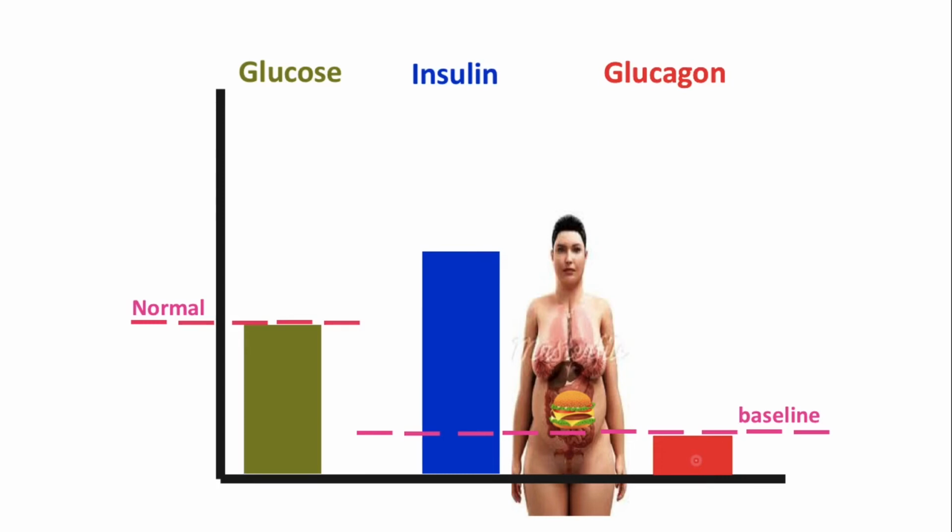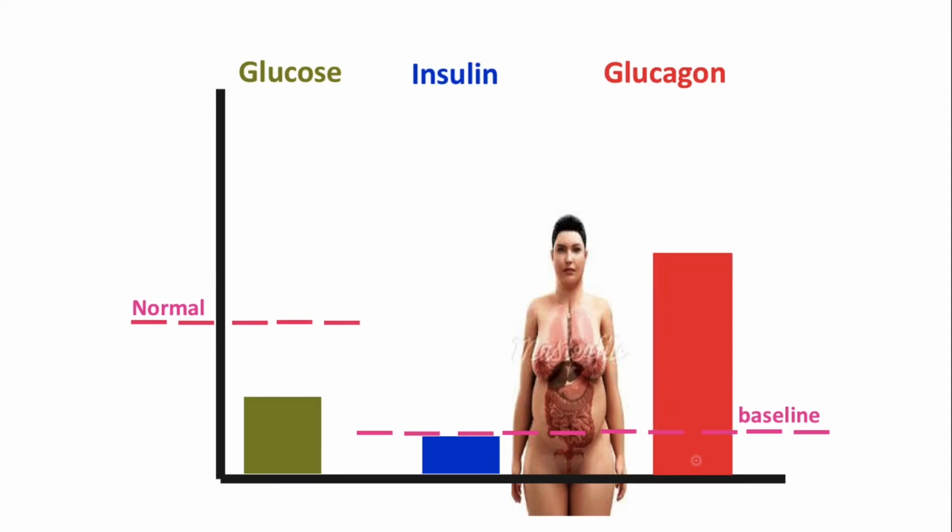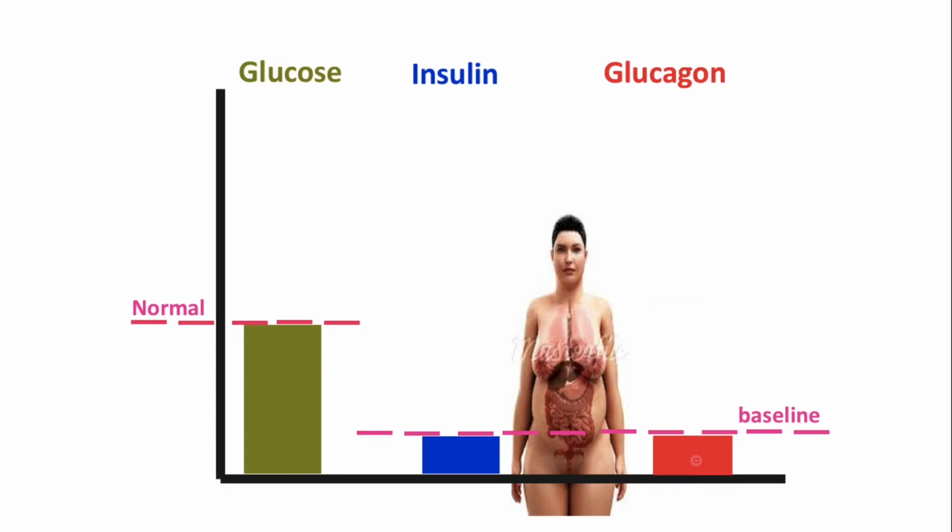When the blood glucose is normalized, the insulin will return to its baseline level. And hours after eating, the food is gone, so the blood glucose decreases. During this time, the alpha cells of the islets of Langerhans will now produce glucagon to normalize the blood glucose level, eventually returning the glucagon to its baseline level.